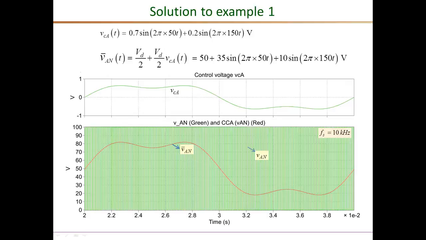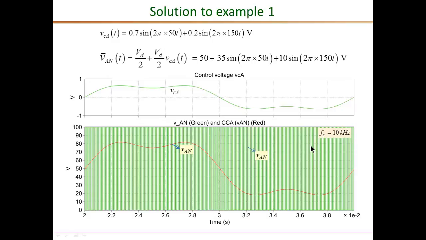You can see that this waveform is symmetric, not with respect to 0, but with respect to the 50 volts point, which is the DC offset. And the AC component is just the control signal times a gain of 50.